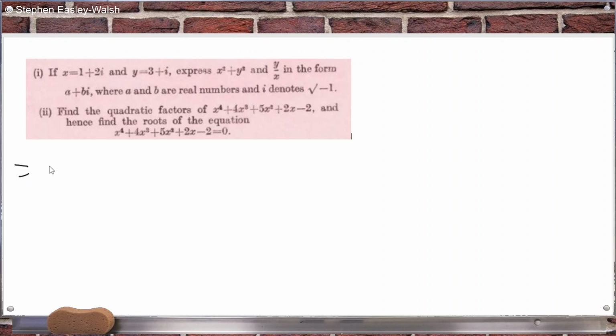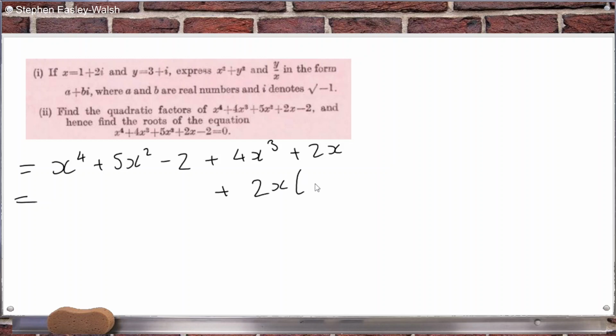So this is equal to x4 plus 5x squared minus 2 plus 4x cubed plus 2x. So here I can take out 2x and I'm left with x squared plus 1.